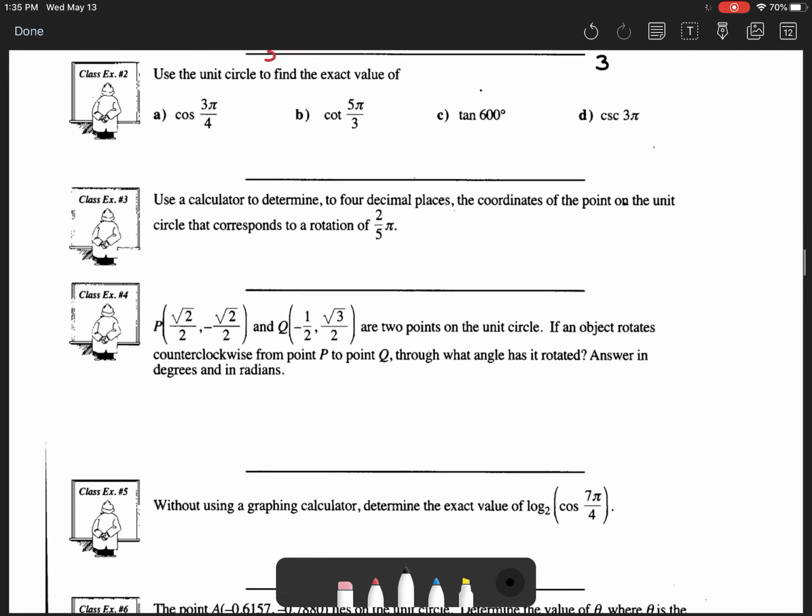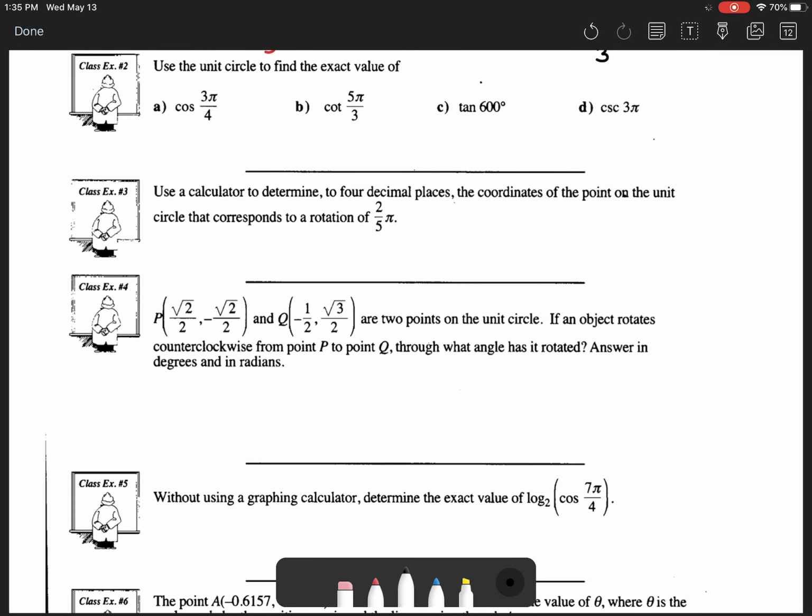Moving on, use the unit circle to find the exact value of cosine of 3 pi over 4. So again, what I need to know here is where I am on the unit circle, what my rotation angle looks like, and what my reference angle is. They're giving me some in radian measure, some in degree measure here.